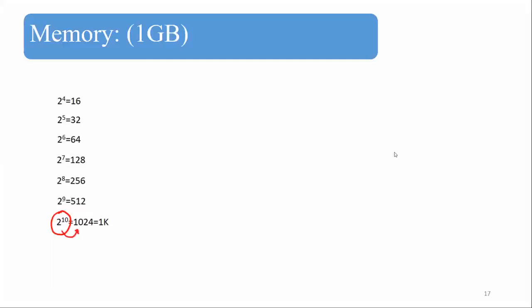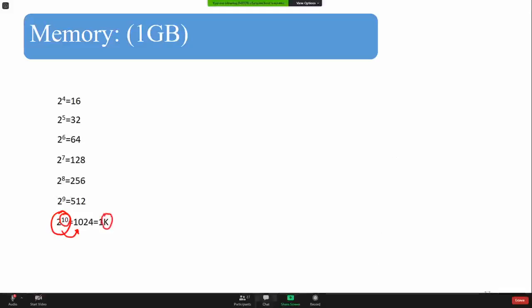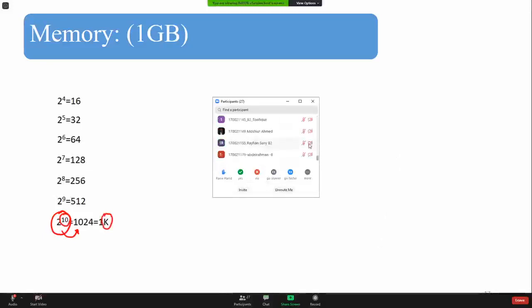This is the rule you need to know. When we count our currency, the taka, we go 100, then 1k, then 1 lakh, then 10 lakh. Or you go for million, billion, trillion. But here, whenever there is a change of 10, whenever it will be 20, whenever it will be 30, the k value will become mega, giga, terabyte. Is it okay? Yes, sir.